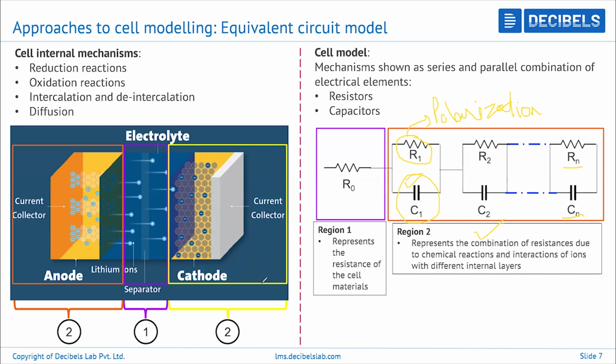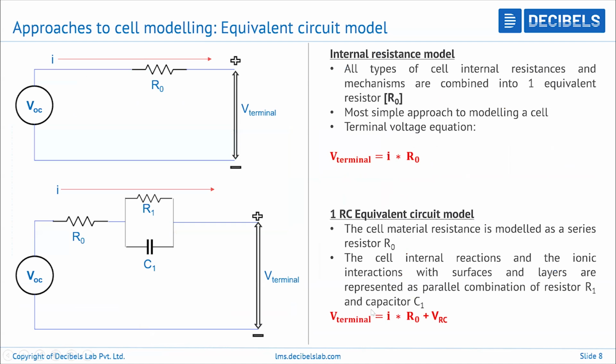Which is where we come to some of the very simplest approaches of cell modeling, that is the internal resistance model and the 1RC equivalent circuit model. These are the simplest, or basically some of the most basic cell models that you can find when it comes to equivalent circuit models. The first one is the RINT model, or what we can abbreviate as the internal resistance model.